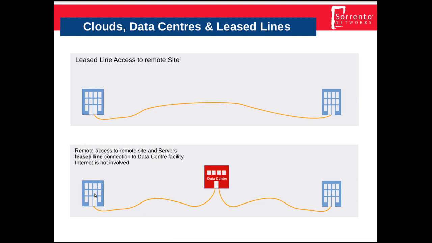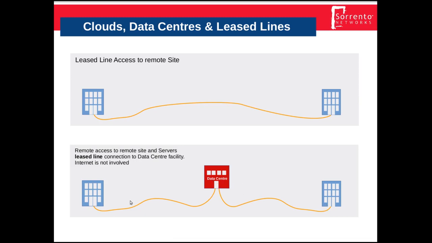So the principle there is a small difference, but the topology of the network is the common one today, where we have a separate data center building, and that would be your private cloud. And it may be hosted for you, or it may be your own premises. It doesn't really alter the logic of this diagram.